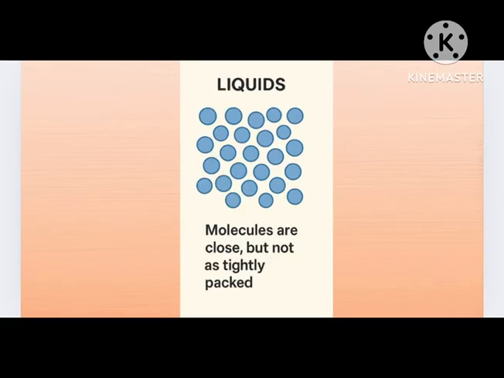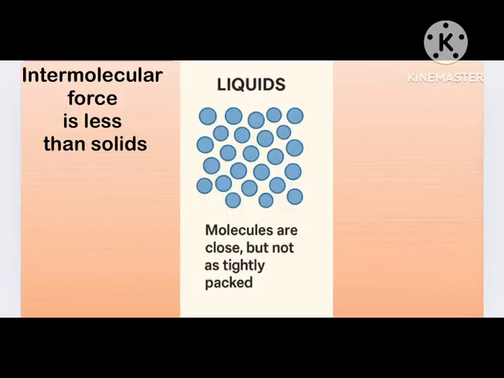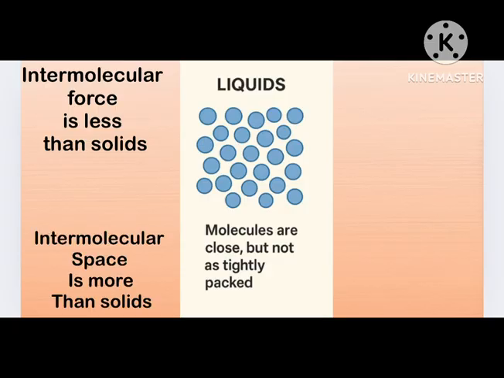Now let's talk about the second state of matter, that is liquids. In case of liquids, the molecules are loosely packed because the intermolecular force of attraction is less as compared to that in solids. Talking of the intermolecular space, as you can see from the diagram, the intermolecular space is more than that in solids.